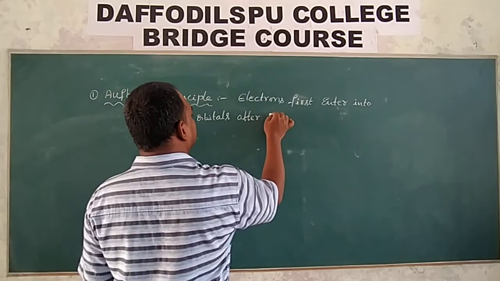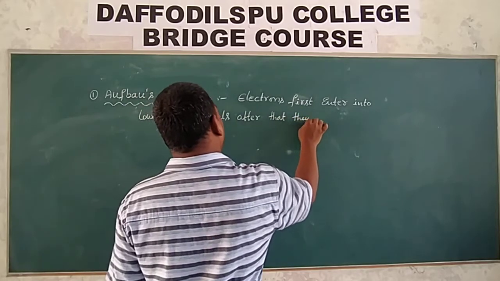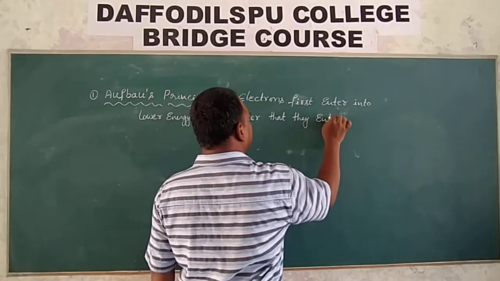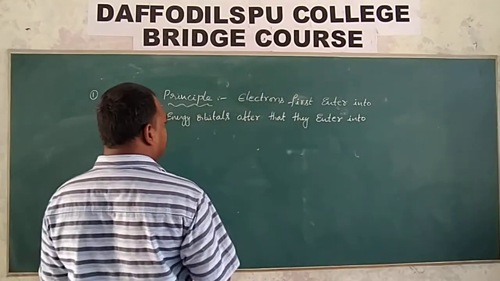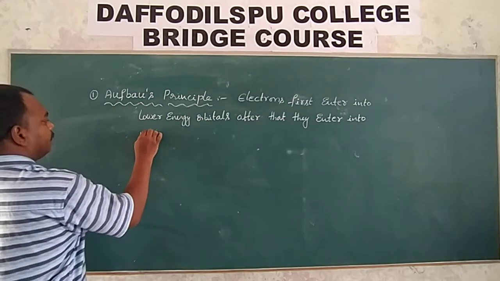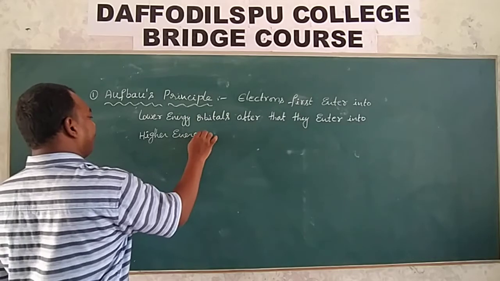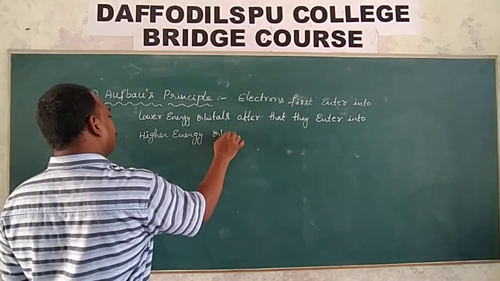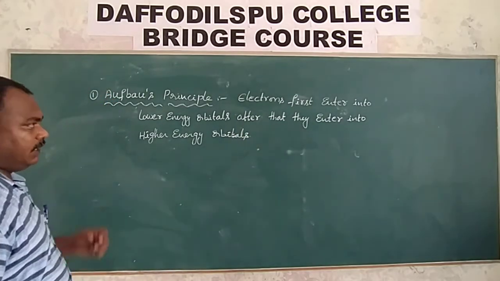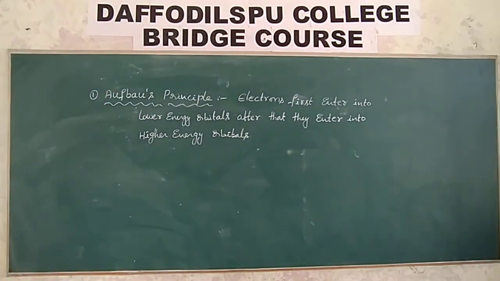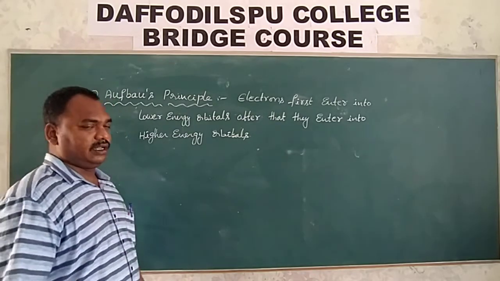After that, they enter into higher energy orbitals. So electrons first enter into lower energy orbitals. After that, they enter into higher energy orbitals.